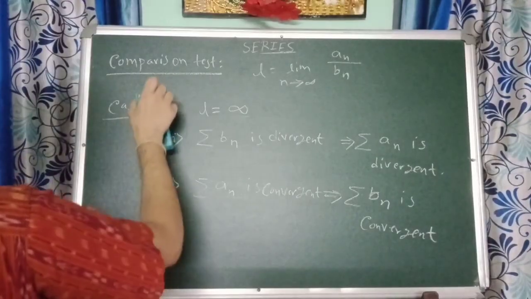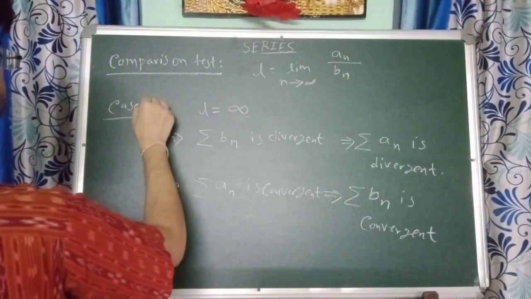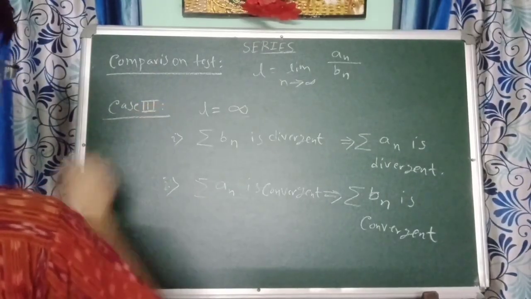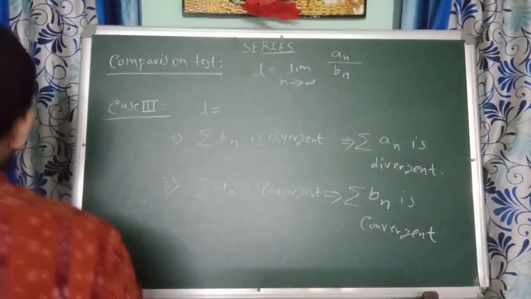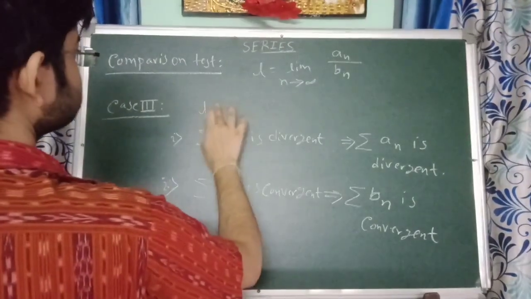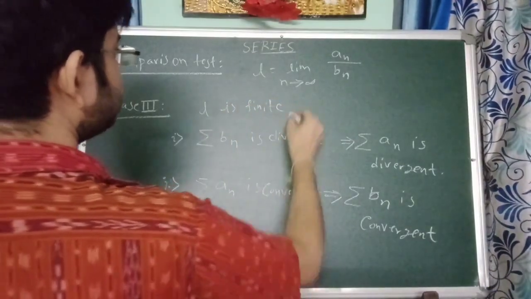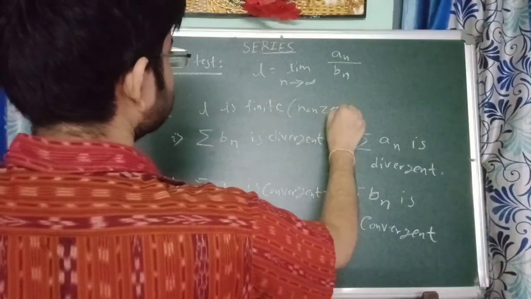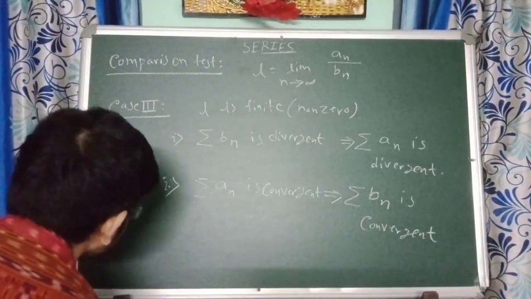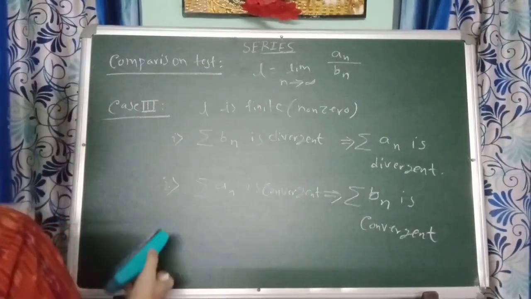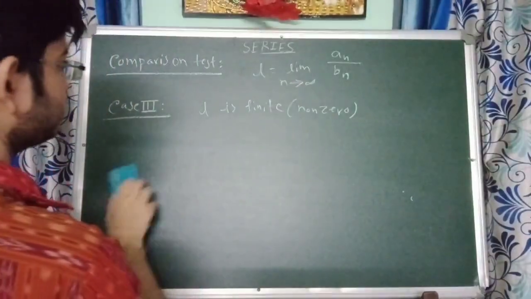Now we discuss the last case, when L becomes any finite non-zero quantity. L is finite with non-zero quantity, because when L equals 0, this case we already discussed in the previous case.